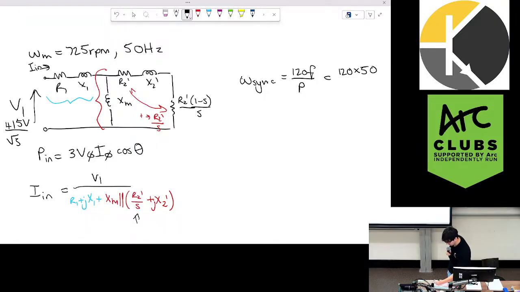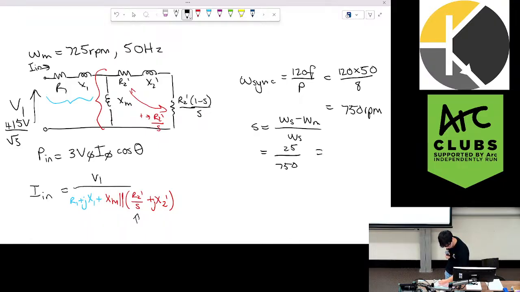I missed it earlier, but it did say 8 pole. And this will be 750 RPM. To find our slip, we do synchronous minus motor over synchronous, which will be 750 minus 725, which is 25 over 750, which is 1 over 30.